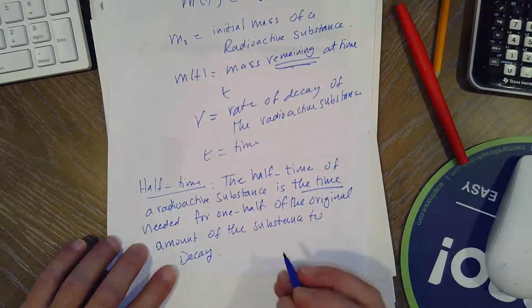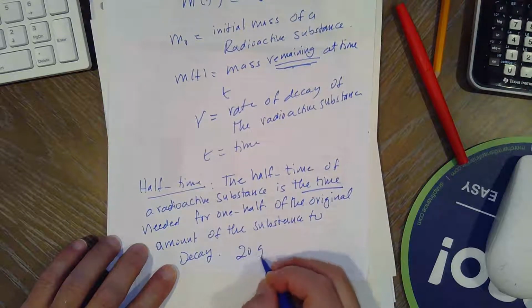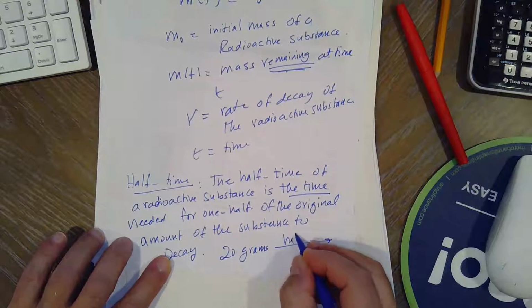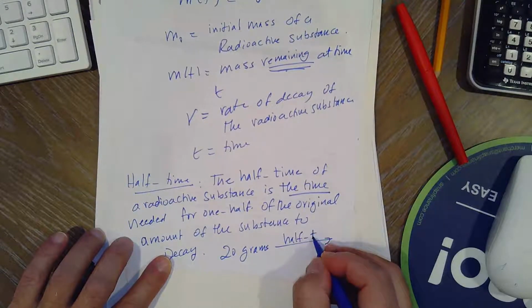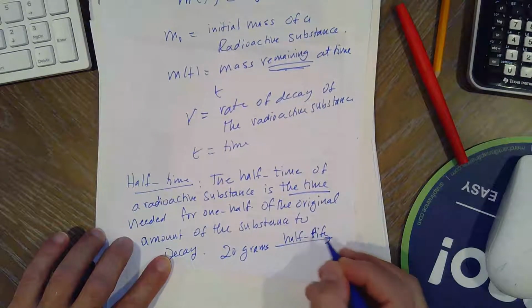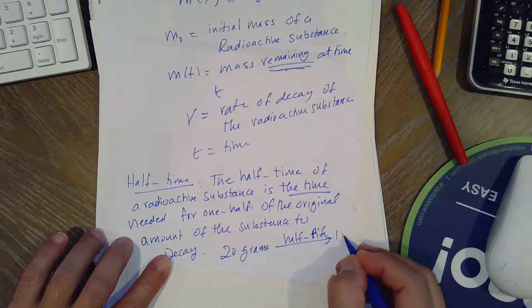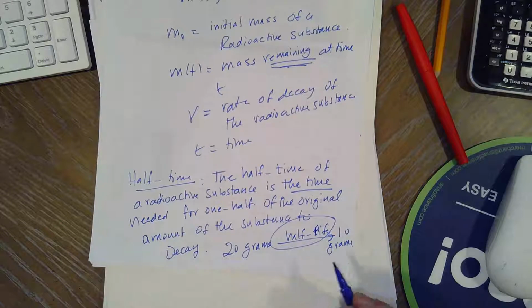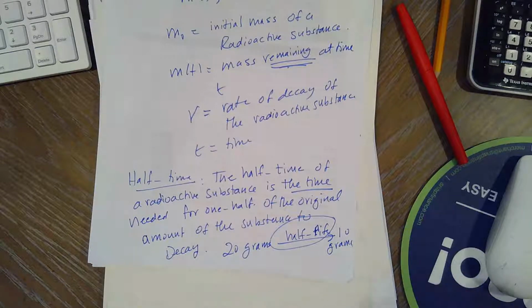So if you're starting with 20 grams of uranium, how much time is going to go by for the 20 to become 10 grams? Whatever time period that is, that's called the half-life. It could be 10 years, 10,000 years, 5 years, we don't know. Okay? So instead of doubling time, it's half-time or half-life.